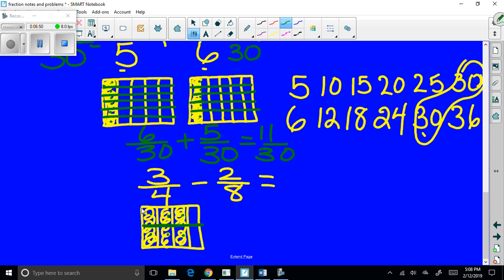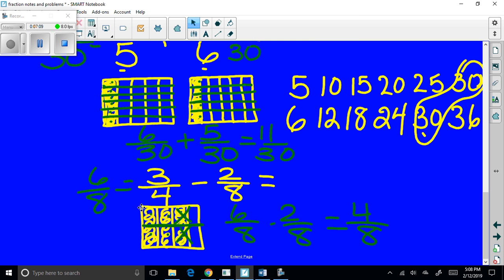So I now have 6/8, which is what that equals. And so now I can use 6/8 to subtract 2/8 from. 6/8 minus 2/8 is very much like the top. I'm going to take away 2 and then count what's left, which is 4. And that is adding and subtracting fractions with unlike denominators.